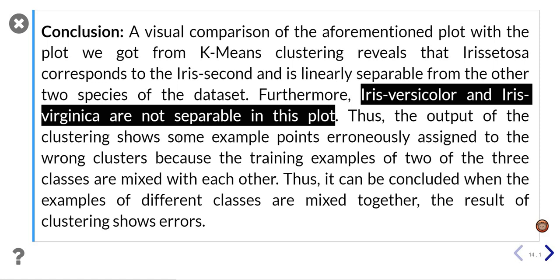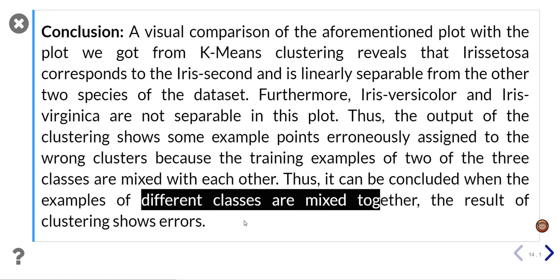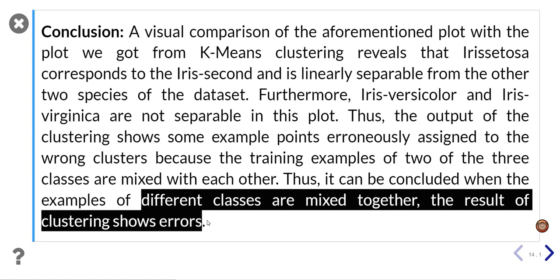So the output of this clustering shows some example points that are erroneously assigned to the wrong cluster because the training examples of classes 2 and 3 are mixed with each other. Thus, when two different classes are mixed together, the result of the clustering can show some error.